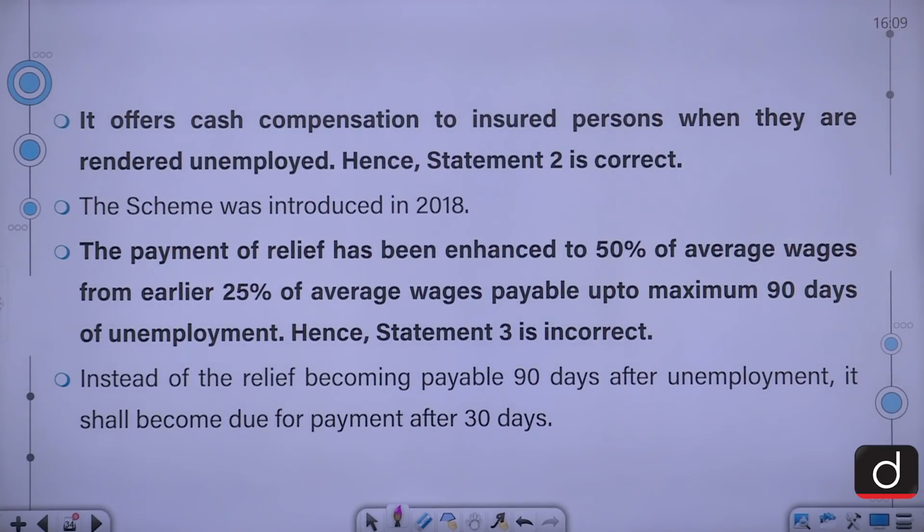The scheme was introduced in 2018 and the payment of relief has been enhanced to 50% of average wages from earlier 25% of average wages, payable up to maximum 90 days of unemployment. Instead of the relief becoming payable 90 days after unemployment, it shall become due for payment after 30 days.